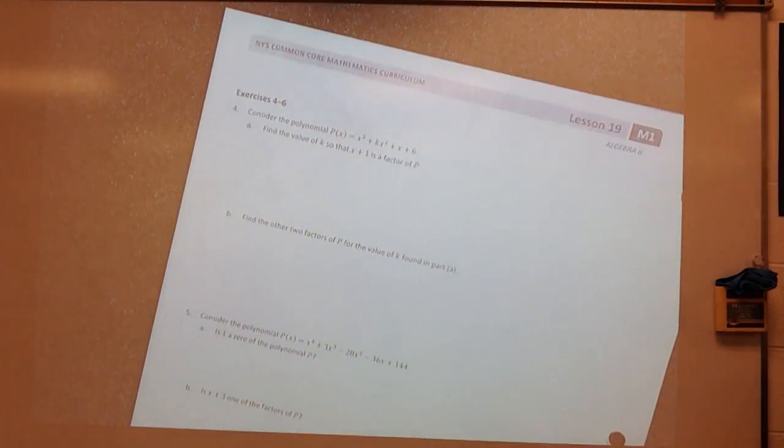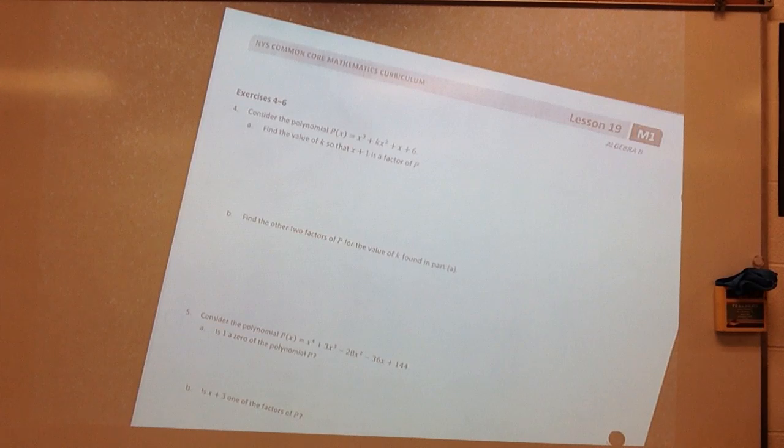So let's look at exercise number 4. It says, consider the polynomial p of x is equal to x cubed plus kx squared plus x plus 6. Find the value of k so that x plus 1 is a factor of p. Alright, so in order for x plus 1 to be a factor of p, the remainder must be 0.